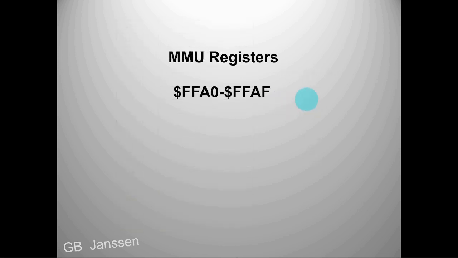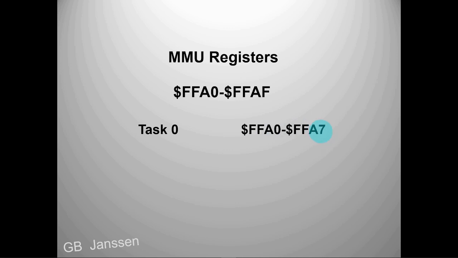MMU registers. I know we went through a lot of this, but they're very, very important in what we do. We talked about registers FFA0 to FFA7. We only used 8 of them, but there are 16 of them. The ones we were using were FFA0 to FFA7.